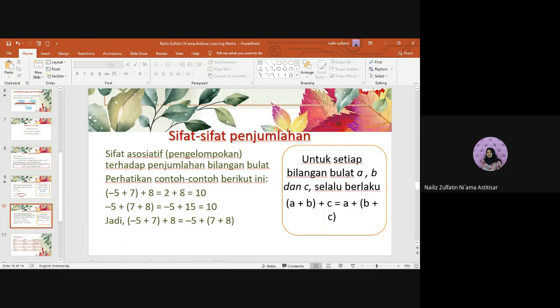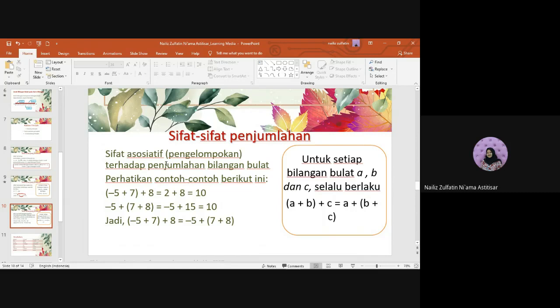Jadi, untuk sifat yang ketiga yaitu sifat asosiatif atau pengelompokan. Terhadap penjumlahan bilangan bulat, dari negatif 5 dalam kurung negatif 5 plus 7 dalam kurung plus 8 sama dengan, jadi negatif 5 sama 7 yang ada di dalam kurung dijumlah dulu, baru ditambah yang di luar kurungnya. Jadi 2 plus 8 itu sama dengan 10.